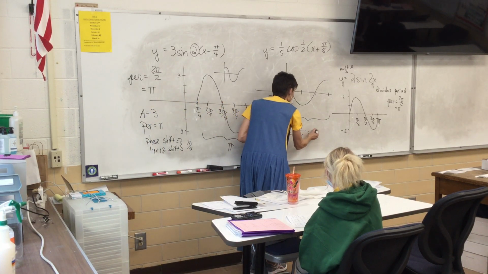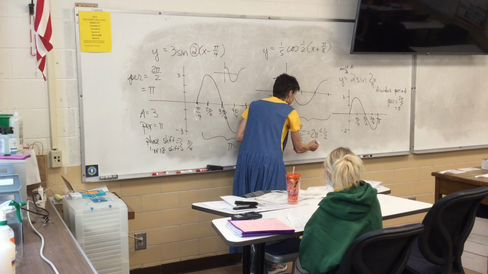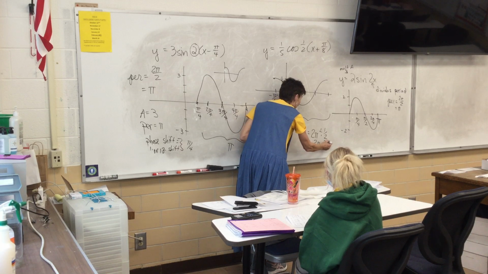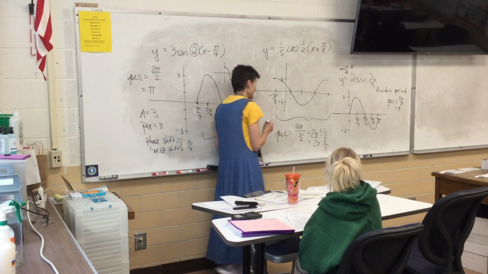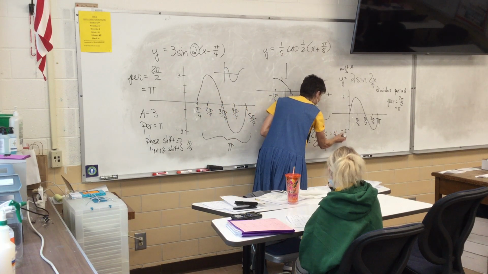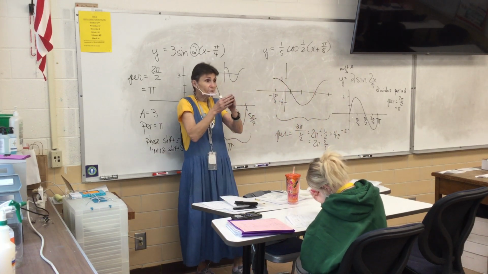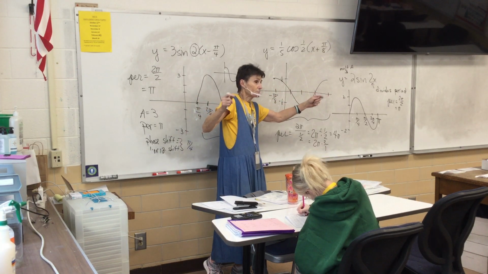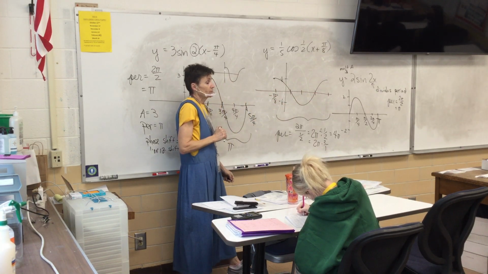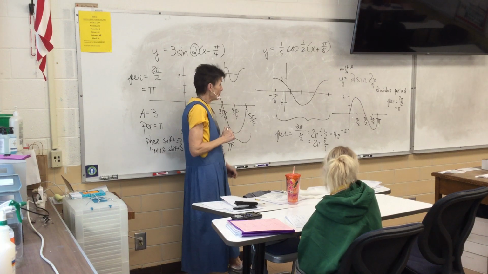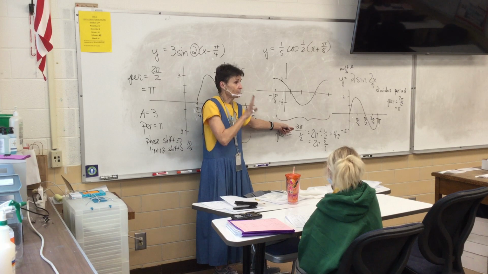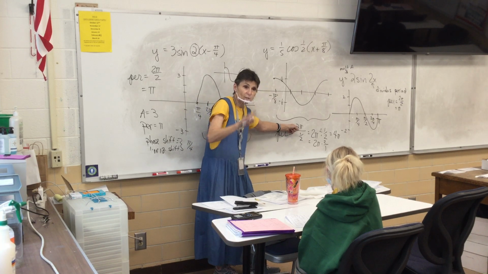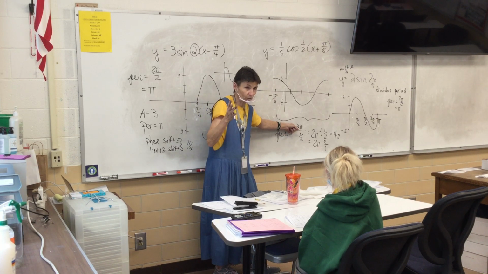So that's 2 pi divided by 1/2, which is 2 pi times 2 over 1. So my period is 4 pi. So this one got stretched, right? The period of the sine and cosine, always 2 pi. So this number is never going to change. So it's going to be 2 pi divided by whatever.